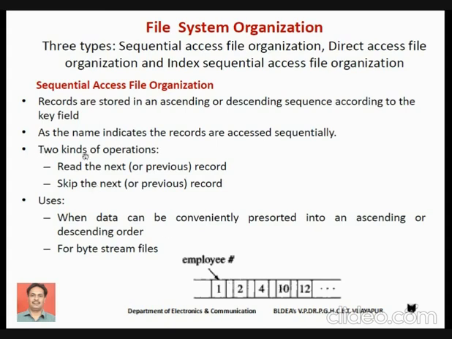We can find two kinds of operations: read the next or previous record, or skip the next or previous record. This type of file system can be used when the data is pre-sorted in ascending or descending order, and it is also suitable for byte stream files.